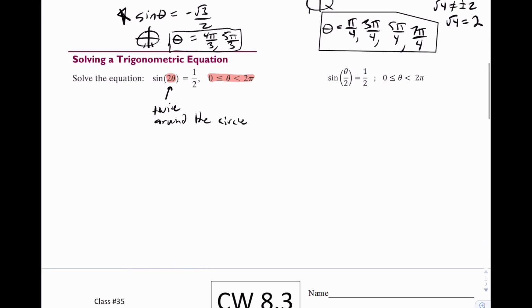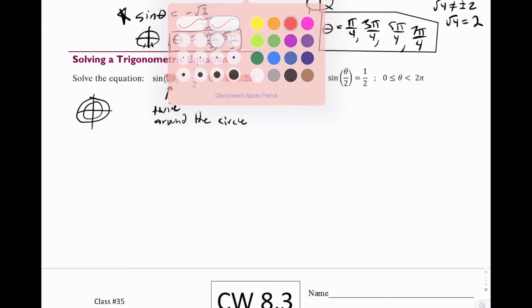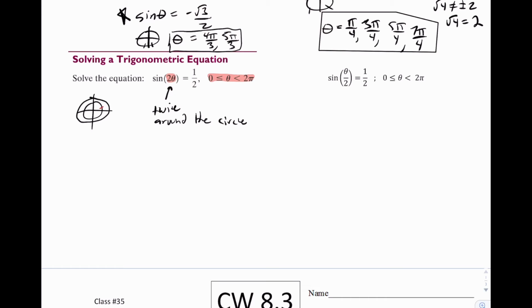To solve this, we're going to draw 2 circles. We're going to mark everywhere where sine is equal to a half. So just to be clear, in the first rotation we have those 2, and the second rotation we have these 2, which means we have a total of 4 answers.